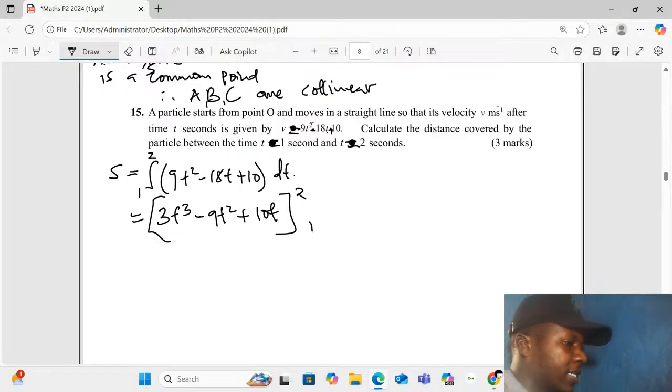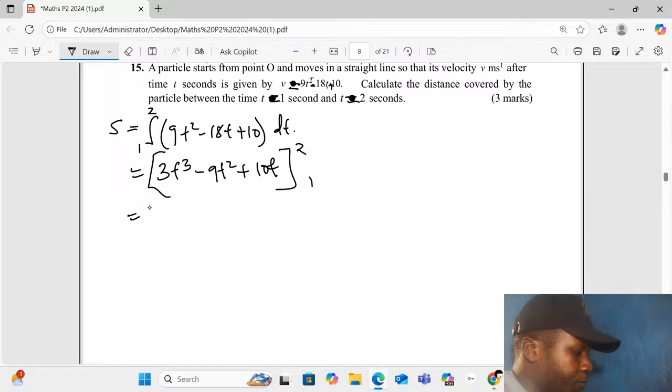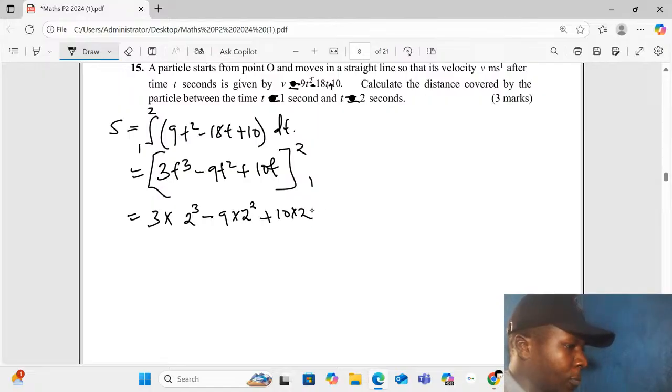When you replace t with 2, we have 3 times 2 cubed minus 9 times 2 squared plus 10 times 2, minus, when we replace t with 1, 3 times 1 cubed minus 9 times 1 squared plus 10 times 1.